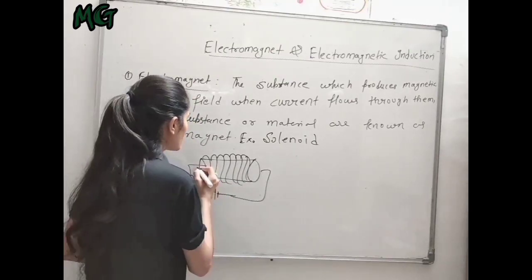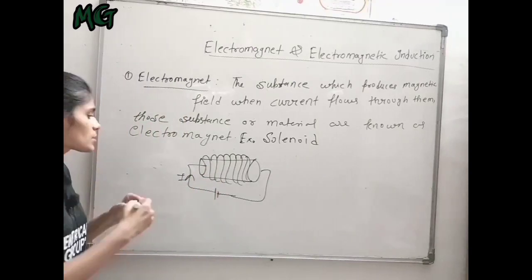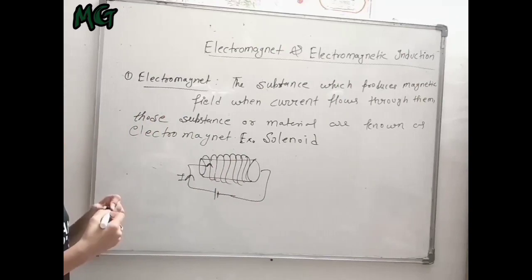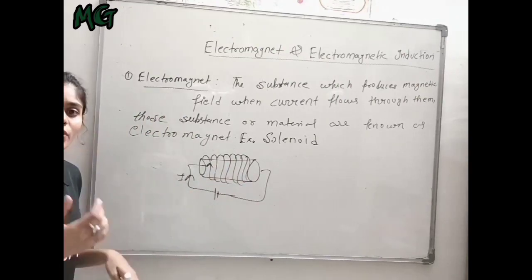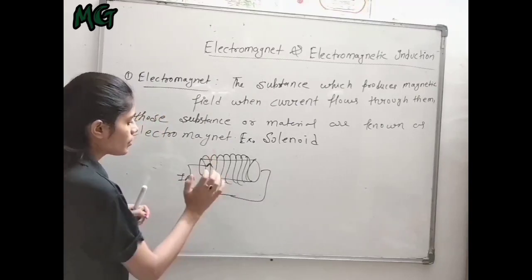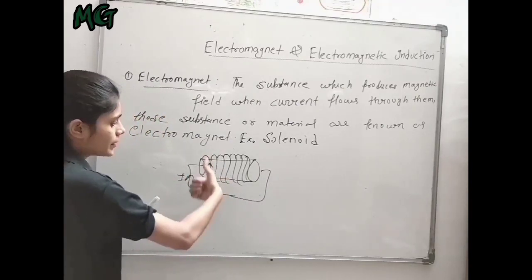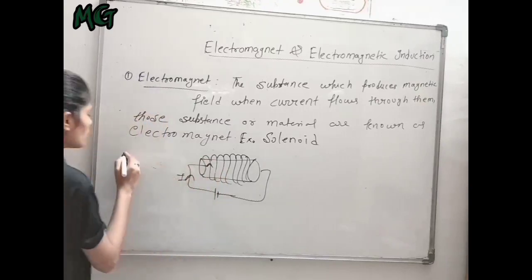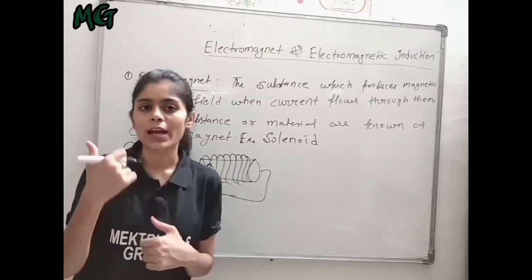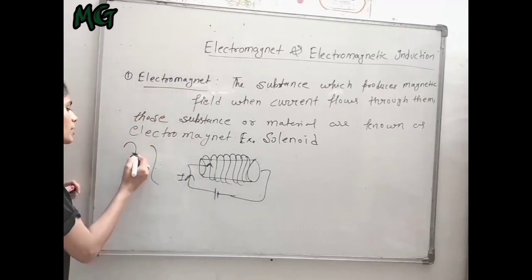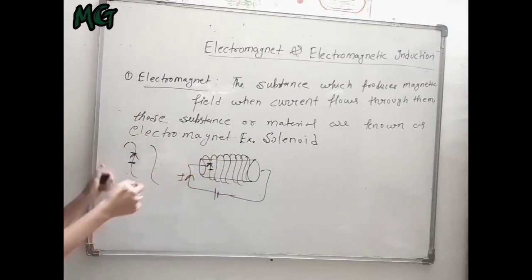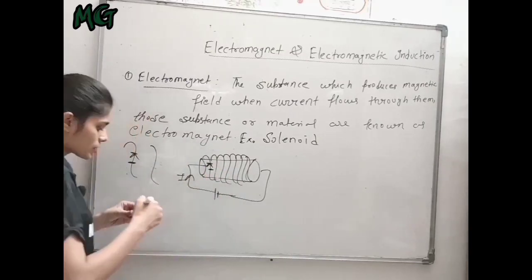First just tell me, how do we find the direction of the magnetic field? We know the right hand thumb rule. Because it is a coil, we take a small part of the coil.